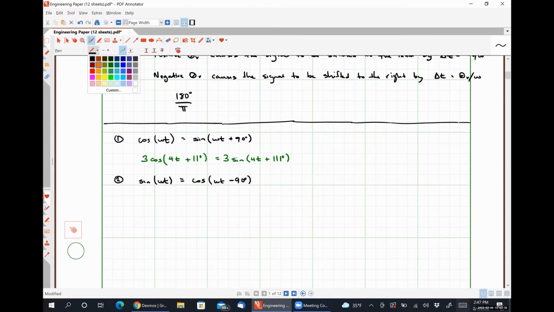So if we had 8 sine 13 pi t plus 60 degrees, this is identical to 8 cosine 13 pi t minus 30 degrees.